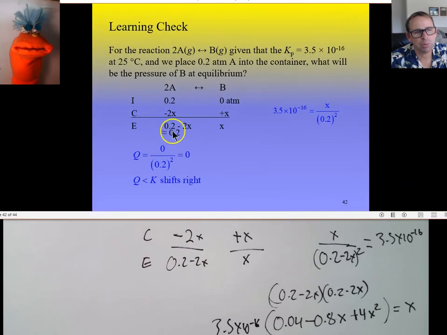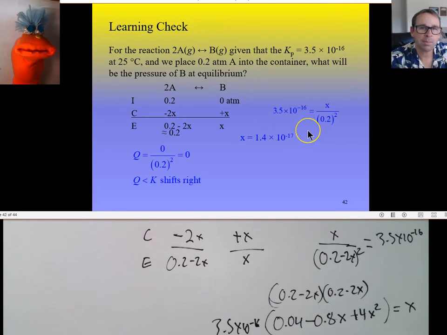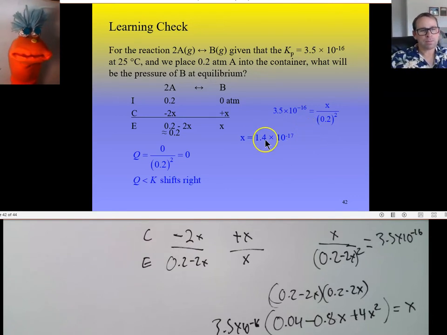So essentially what we did is we dropped the 2x shift. That makes things much easier to solve because now we just have 0.2 squared down here, not 0.2 minus 2x squared, and we can solve for x. So 1.4 times 10 to the minus 17 is the concentration of B, which is what the shift is going to be.